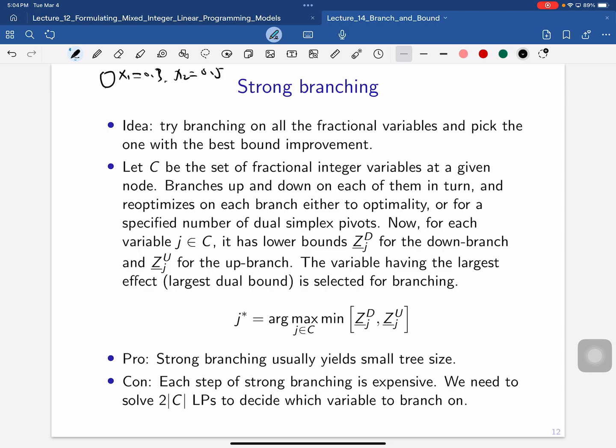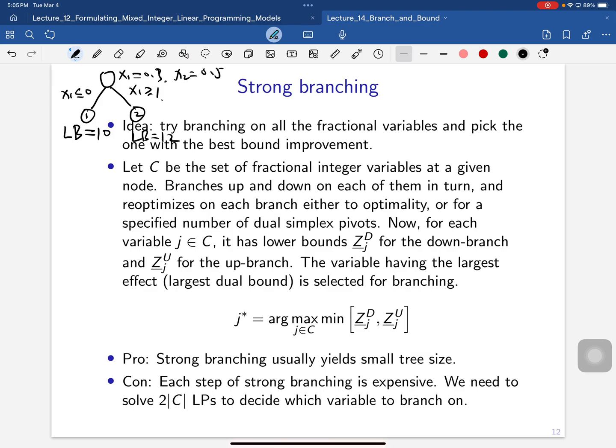I will tentatively branch on x1. Supposedly after I branch on x1, I get the lower bounds for node 1 and node 2 to be 10 and 12.